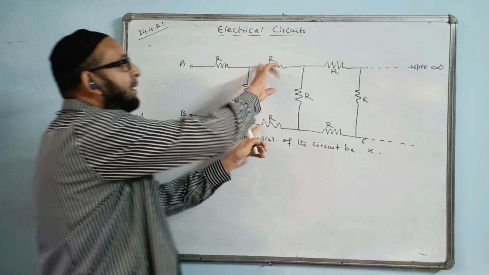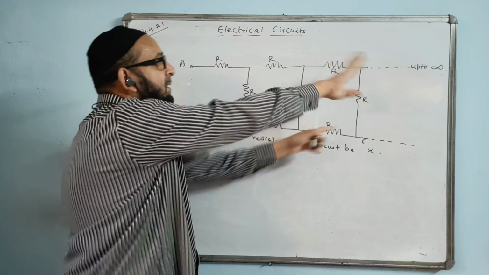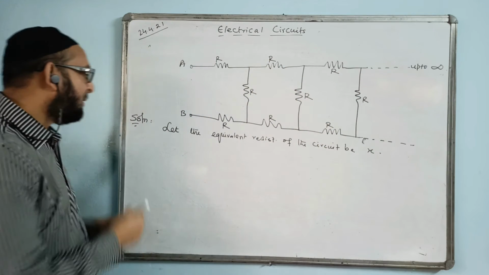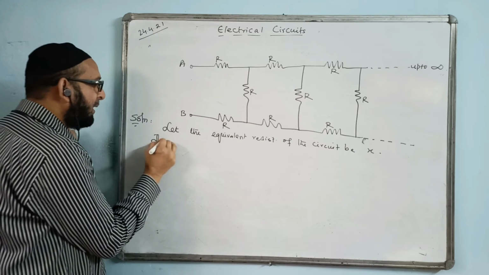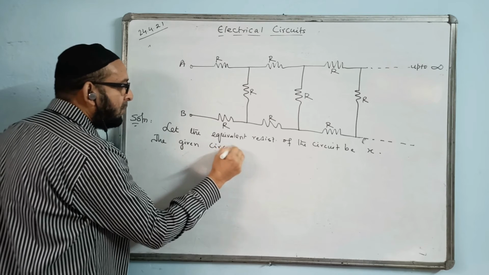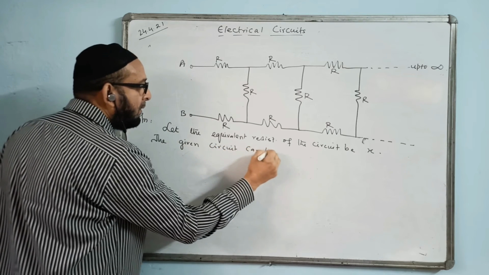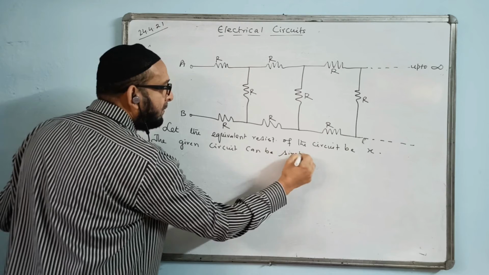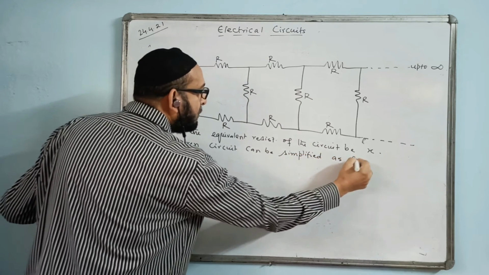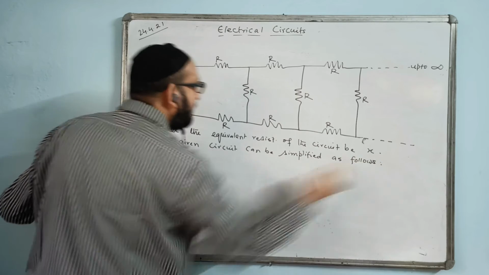Think from this part again: the circuit is the same as from there, whatever we have. So we can write that the given circuit can be simplified as follows. We have to simplify the circuit first.